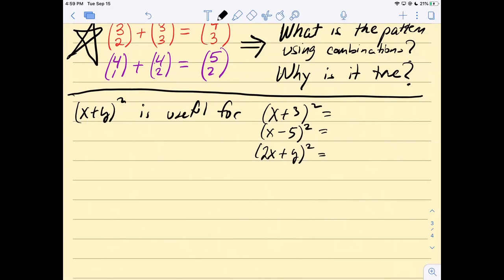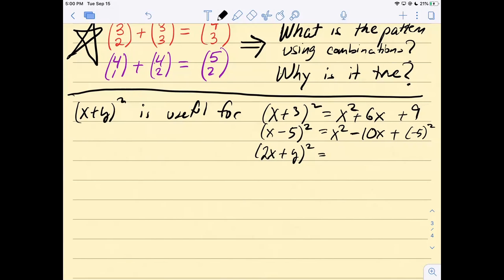So this is going to be x squared plus 9, and then the cross term is 3x, and we've got to have two of them, so that's just 6x. This is x squared. The last term will be negative 5 squared, so that'll be 25. And then the middle term is minus 5x, but we've got to have two of them, so that's minus 10x. And then, can you guys tell me this last term?